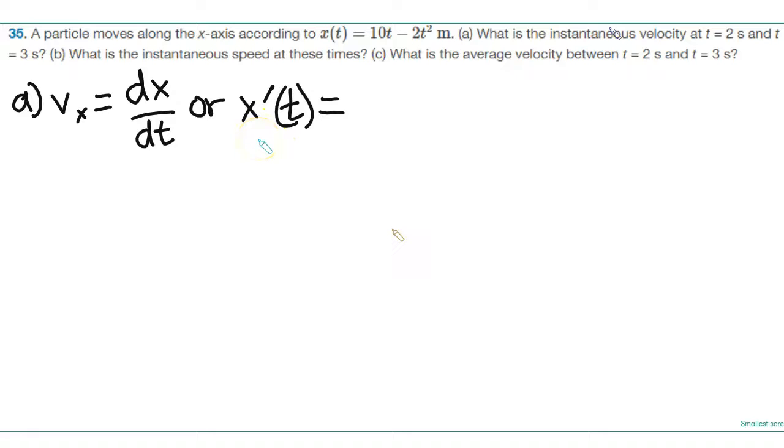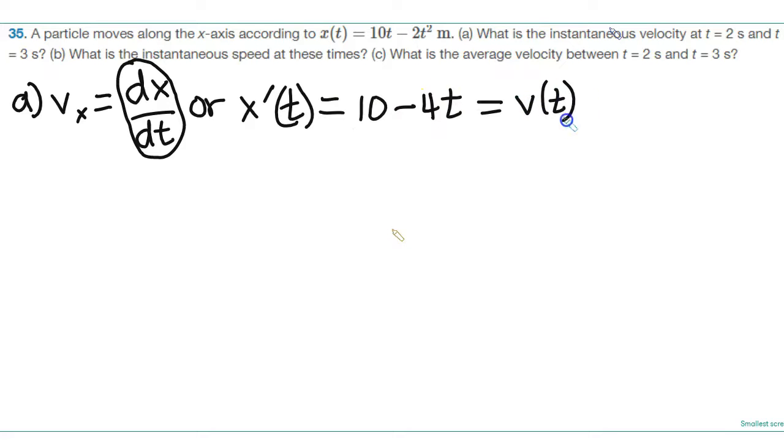I think this is a little bit more informative. Helps you to know that the position changes with time. But either way, if we take the time derivative of this, I think we'll have 10 minus 4t. And that's our v as a function of t.